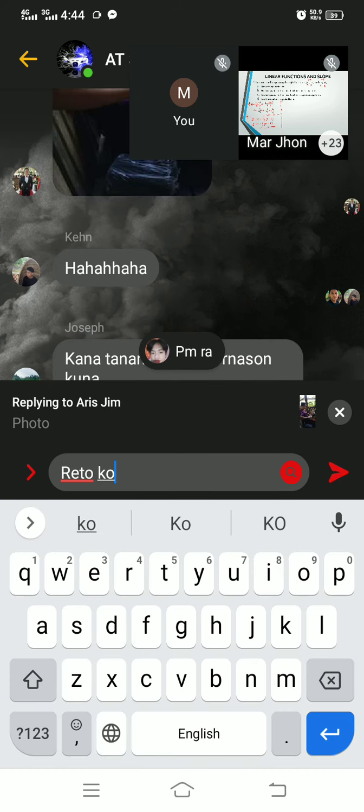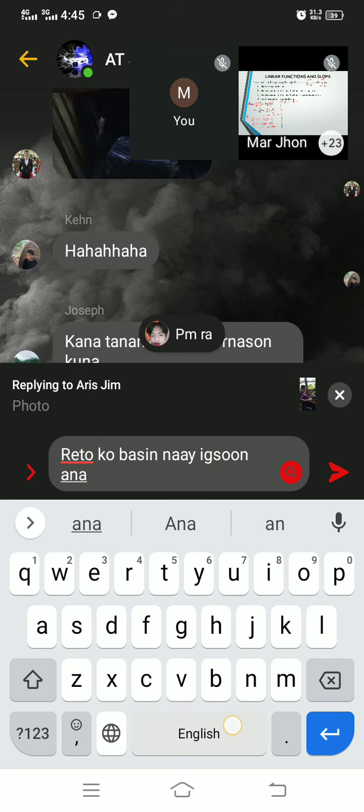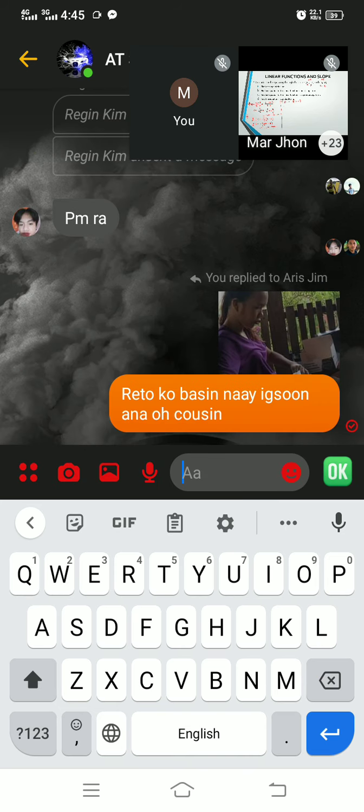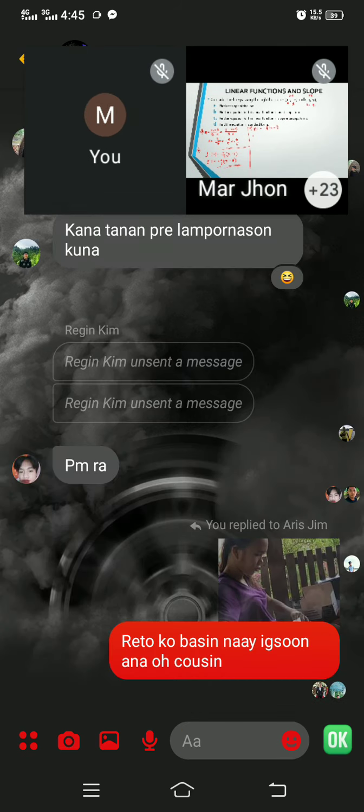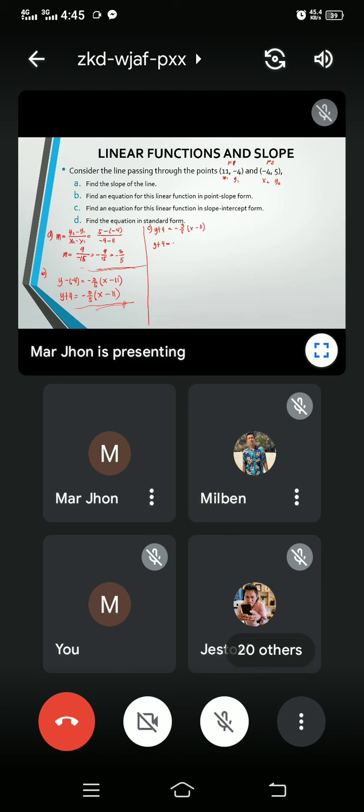So, letter C. y plus 4 is equal to negative 3/5 times x minus 11, which is equal to y plus 4 is equal to negative 3/5 x minus 33 over 5, right?